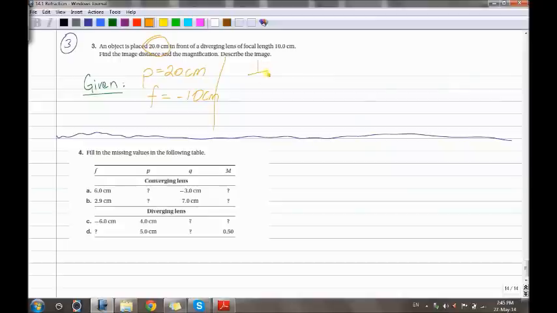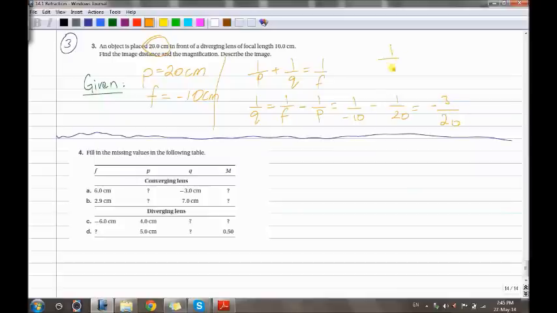Now let's use the formula 1 over P plus 1 over Q equals 1 over F. So 1 over Q equals 1 over F minus 1 over P. So 1 over negative 10 minus 1 over 20. So the answer is negative 3 over 20.